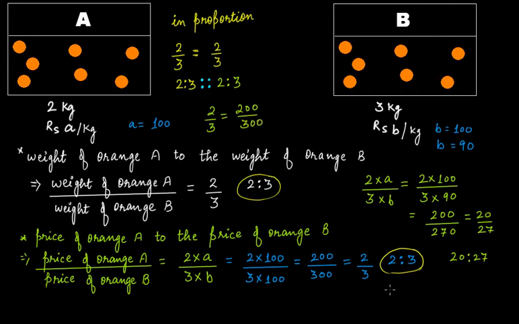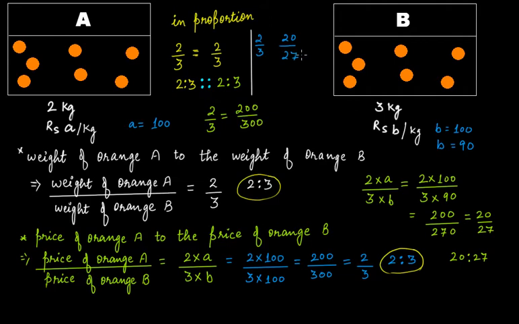In this case, we have this 2 ratio 3, that is the ratio of weights, but the ratio we are getting here is 20 ratio 27.